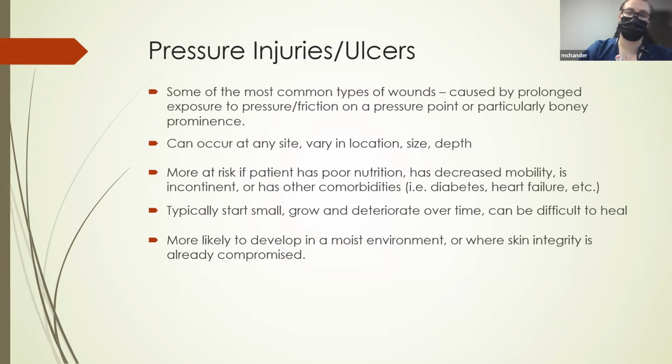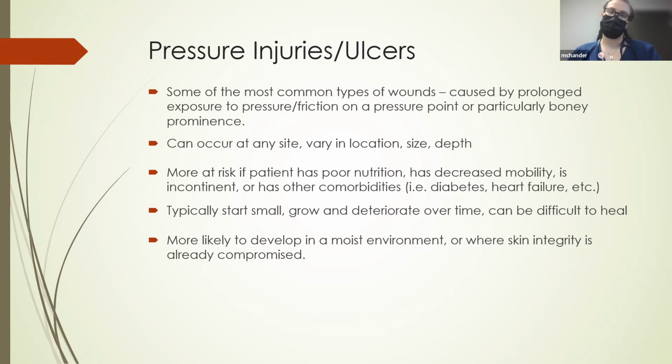So first up are pressure injuries / pressure ulcers. You can hear them referred to as either or both. They are some of the most common types of wounds, particularly in folks that are older, have impaired skin integrity, or have decreased mobility. They are usually caused by prolonged exposure to pressure or friction on a pressure point or a particularly bony prominence.